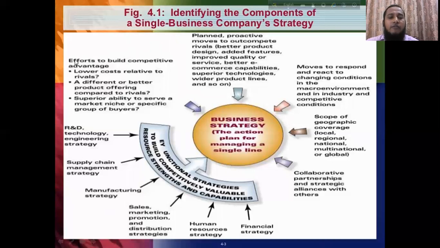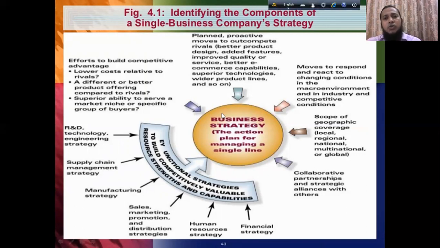Efforts to build competitive advantages: lower costs relative to rivals, I mean, producing products at lower costs than that of competitors; a different or better product offering; superior ability to serve a market niche or a specific group of buyers. By this mechanism, a company can easily build competitive advantages over its competitors.